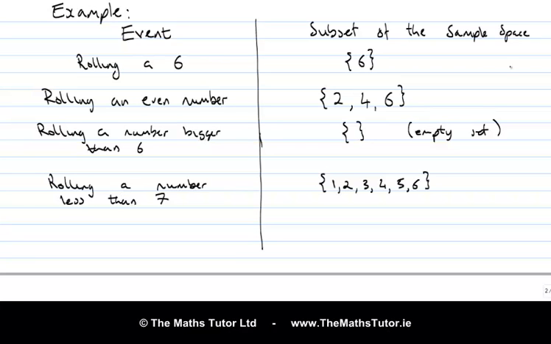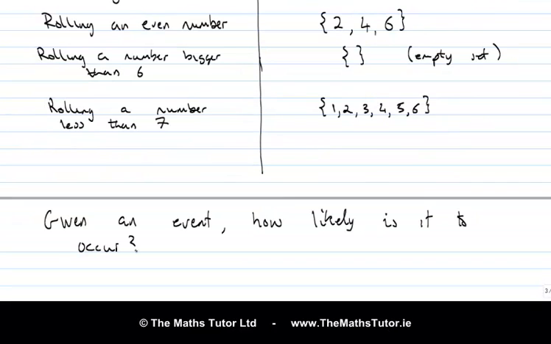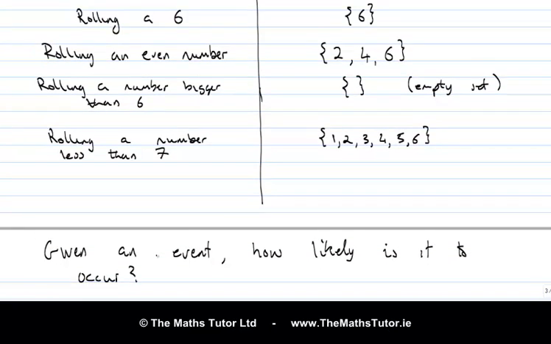One of the main problems in probability is to take an event and say exactly how likely that event is. In later lessons, we're going to develop ways to answer this type of question. But it's interesting to look at the events that we've written down here and ask yourself: how likely are these events to occur? For example, how likely is it to roll a 6?